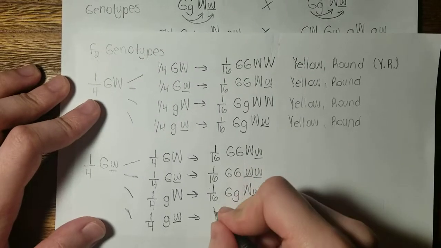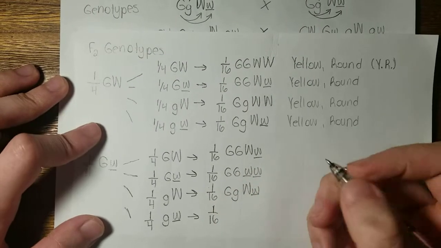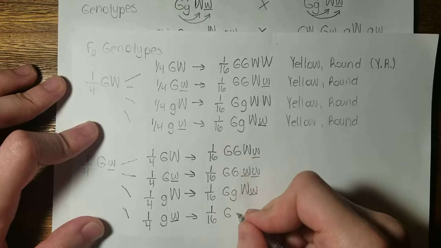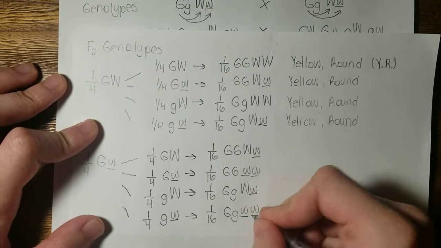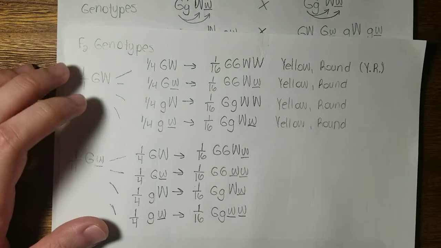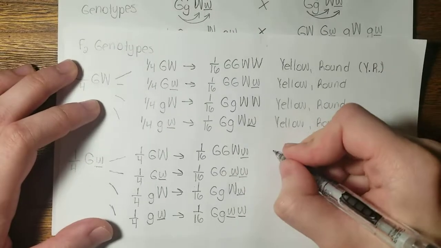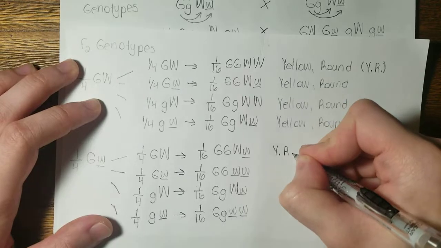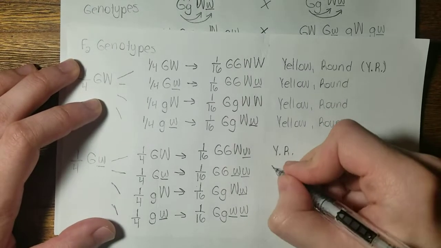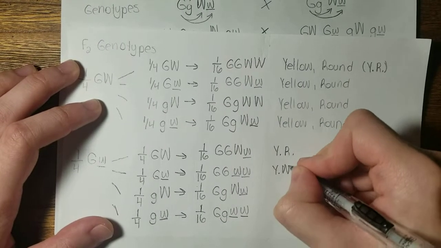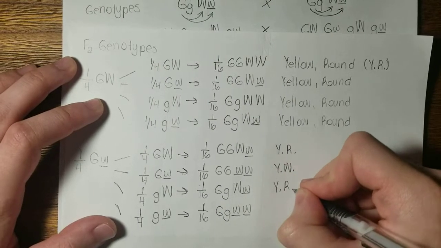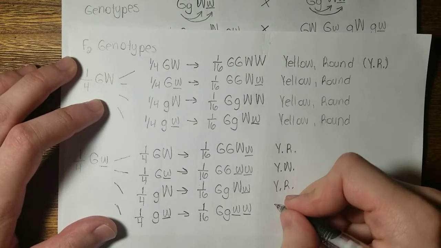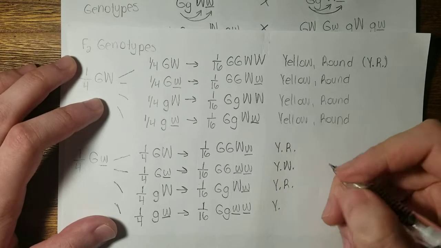And then we get 1/16 big G little w little w. And naming the phenotypes, this is still yellow round. This one right here is yellow wrinkled. This one still yellow round. And this one right here is yellow wrinkled.